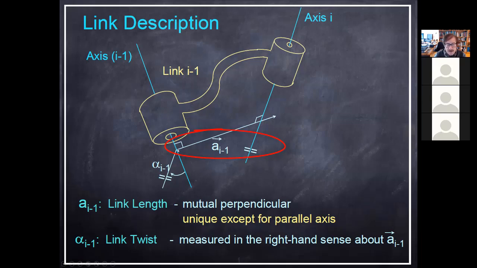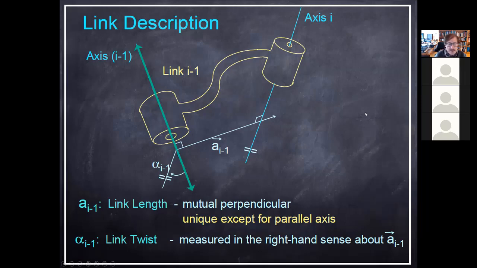Now, look at this a i-1. a i-1 is found by the mutual normal to these two axes.